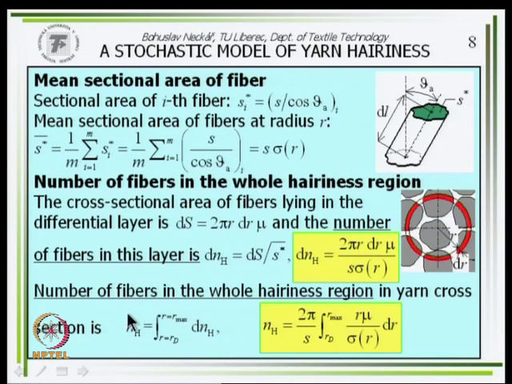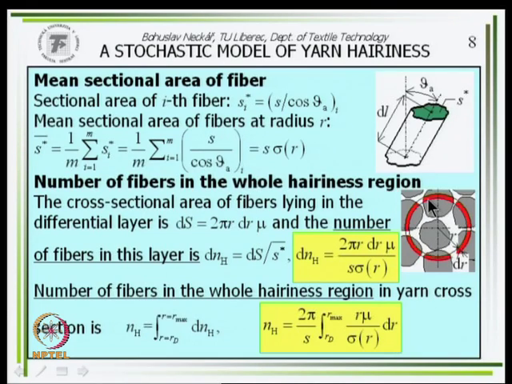Well, what is the number of fibers in the whole hyannis region? The cross-sectional area of fibers lying in the differential layer, we have here some differential layer in a cross-section. ds, what was ds? You know it from the helical model. Total area 2 pi r dr times packing density mu.